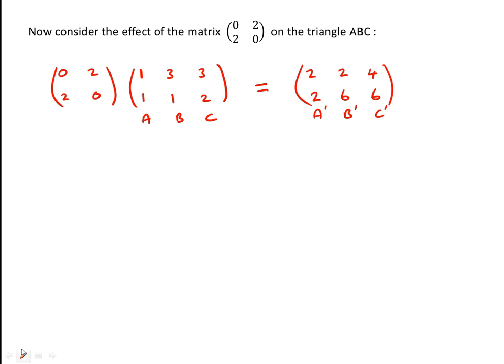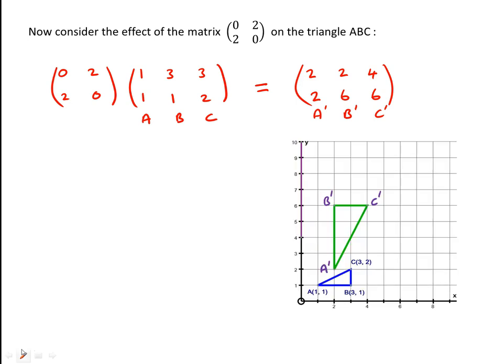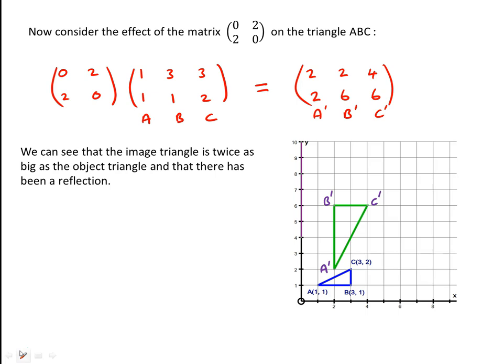So we can draw the diagram showing the triangle ABC and its image A dash, B dash, C dash. And we see that the image triangle is twice as large as the object triangle, but there's also been a reflection in the process. If we just throw into the diagram the enlargement of the object triangle by scale factor 2, then we get the dotted triangle.